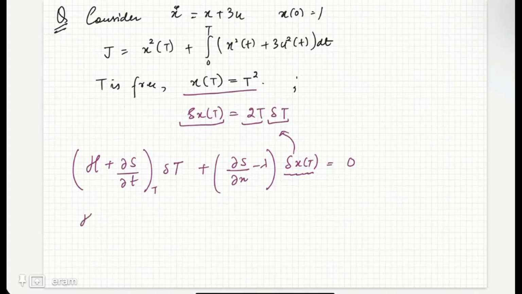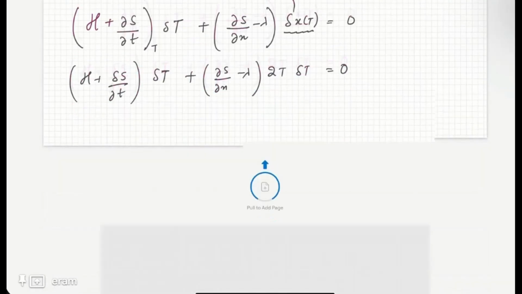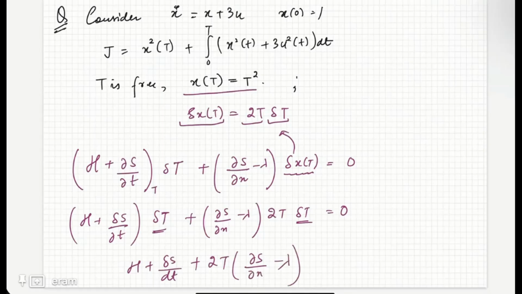And this expression can be replaced with this expression. So when we do that, since we have delta t on both sides, we can write H plus delta S by delta t plus 2t into del S by del x minus lambda, delta t equals 0.